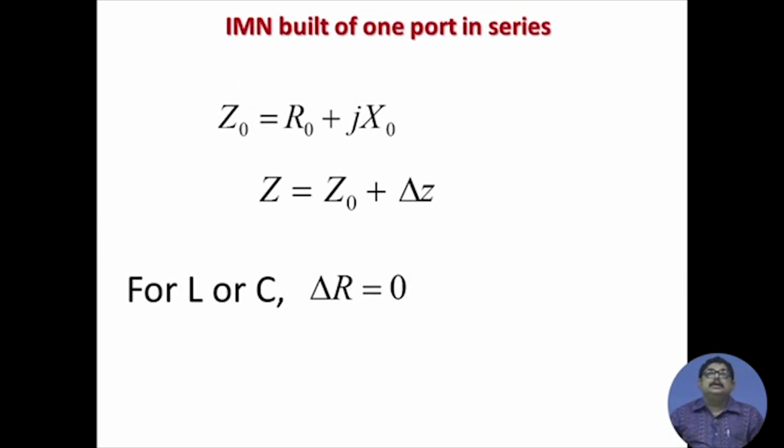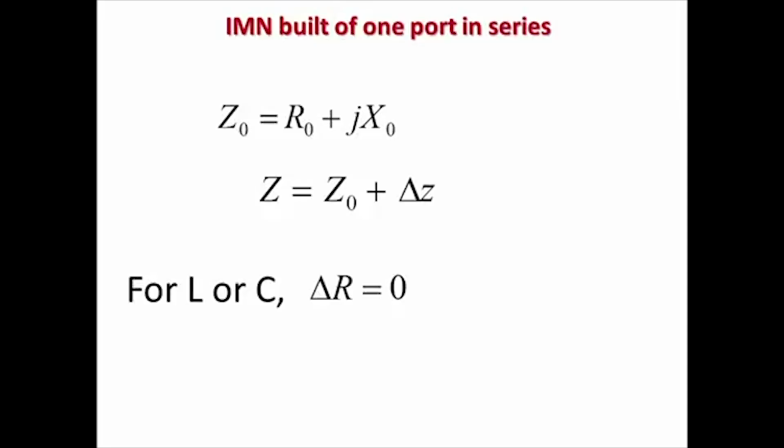Now, let us say the IMN is built up one part in series. Suppose Z naught was the previous impedance, and with that you add one part, so Z becomes the new value. If it is in series, the extra delta Z is given by that extra arm. So, for L and C, delta R is equal to 0.